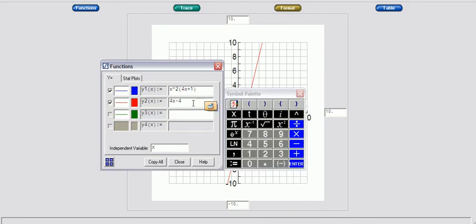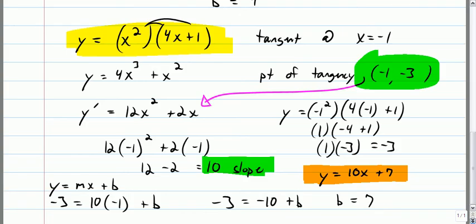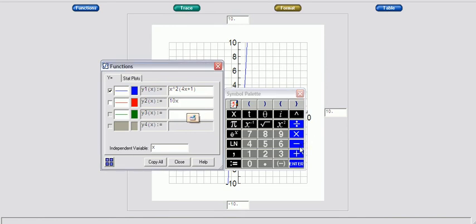Okay, and then our tangent line was, let's go back, 10x plus 7.